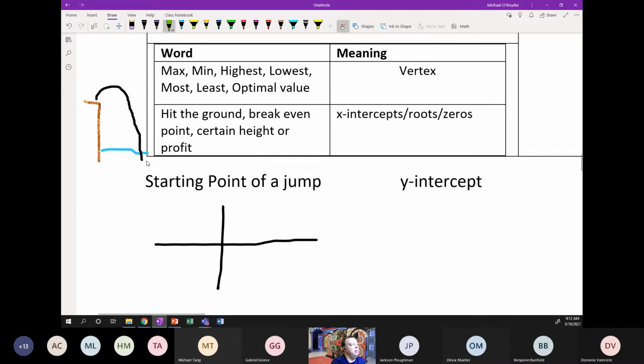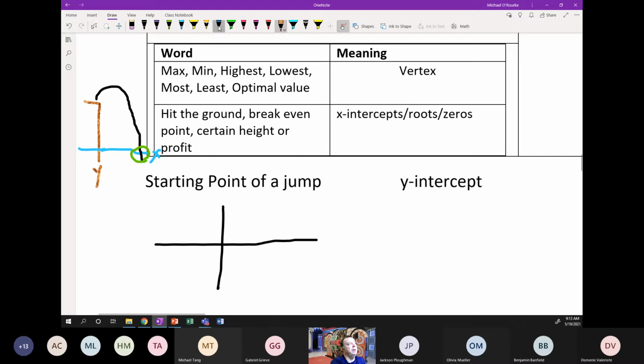In that case, I would be dealing with an intercept, with the water being considered 0 along the x-axis. This would be the x-axis here, and the cliff being the y-axis.